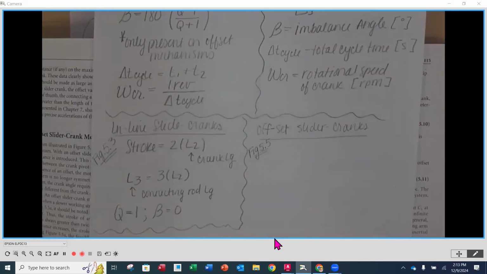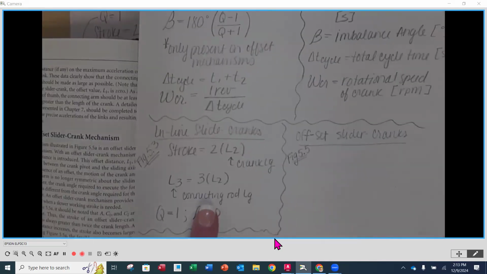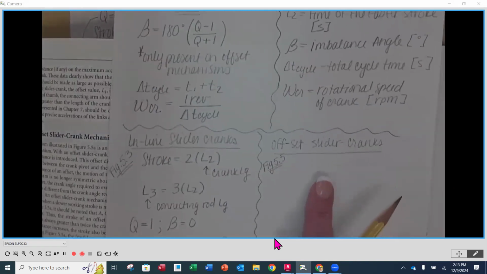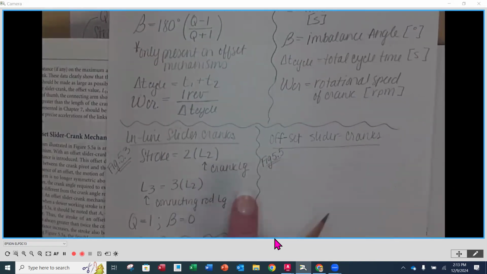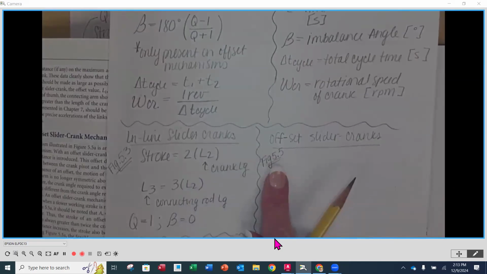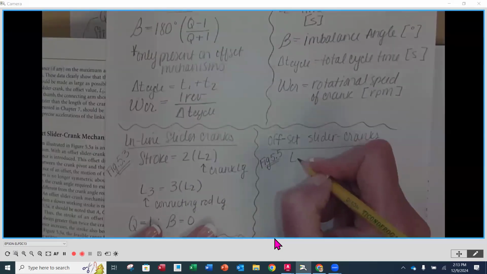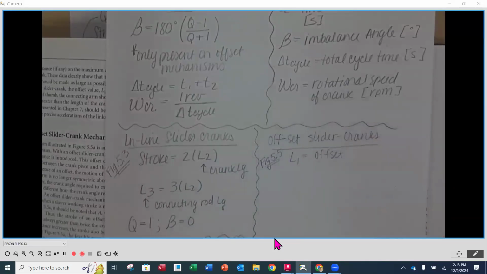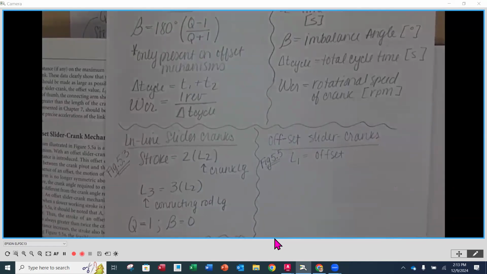So what I did was I had my inline slider crank over here, and then I've got my offset slider crank over here. This is referring to figure 5.5, and L1 is going to be the offset, okay? And that's going to be the offset from the center of rotation to the path of the slider as we see in that figure.